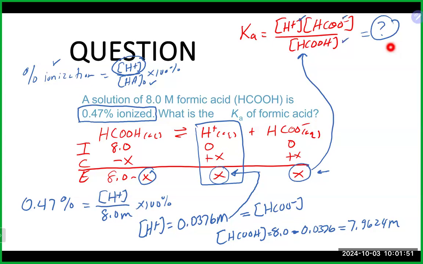So the last thing that we could do here is basically figure out the Ka value by plugging those numbers in. And if we do that here, our Ka will equal basically 0.0376 squared, as these are both the same number, divided by 7.9624.